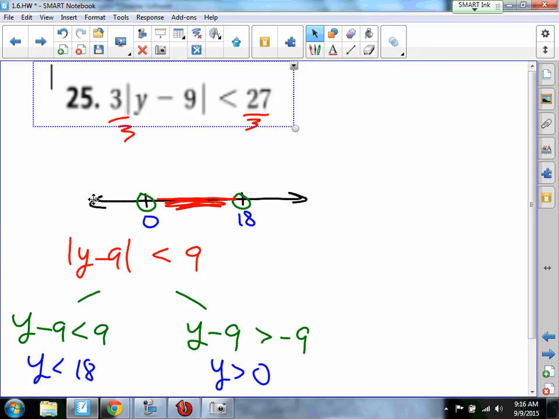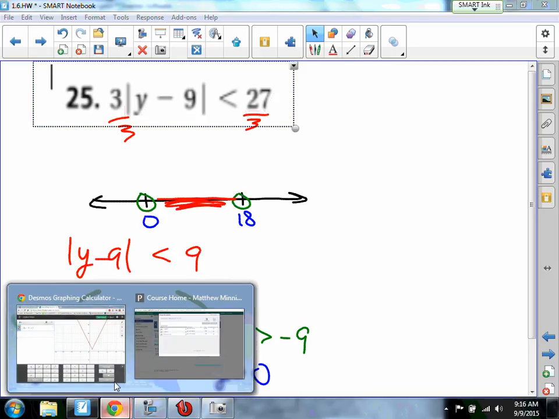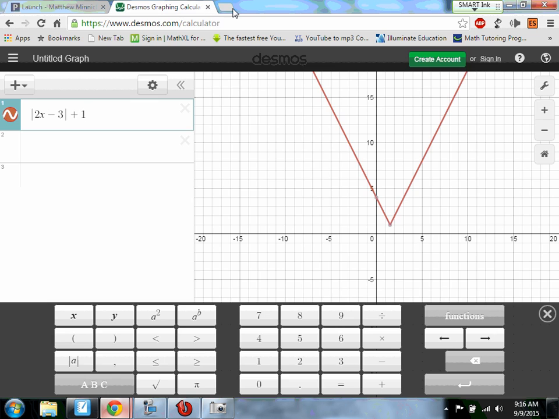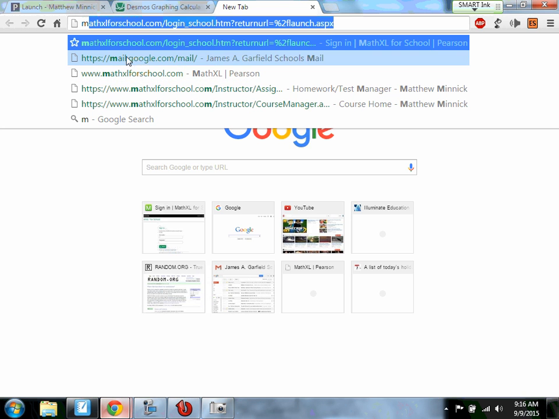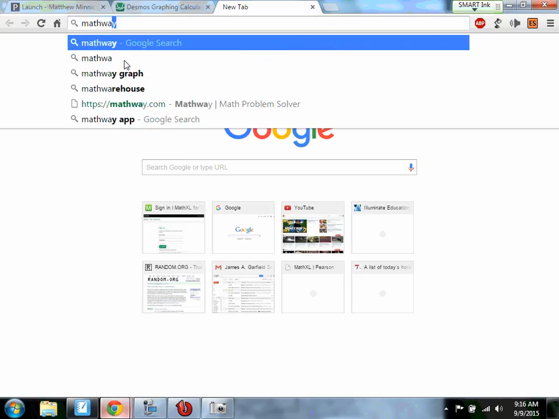If you're ever not sure, you think you might have messed up, check an alternative method. Go graph it. Now, some of you are using what I call a resource. Some people might call it cheating. I'm not going to say don't use resources, but sometimes we get too dependent on something.